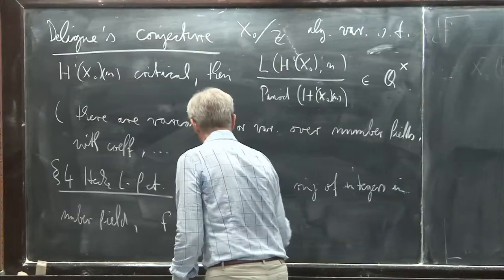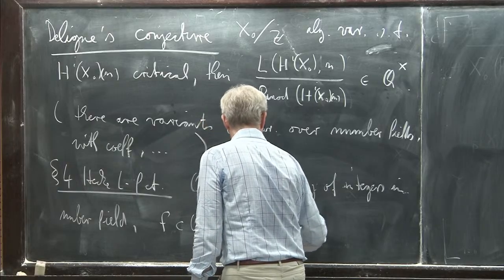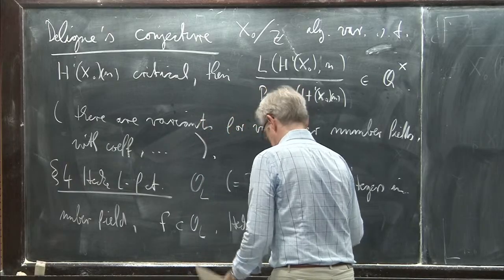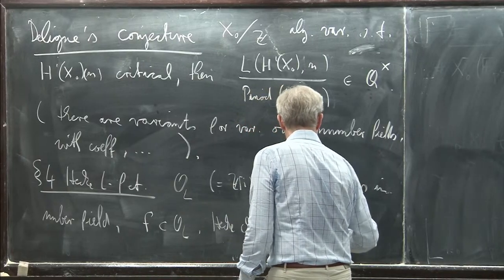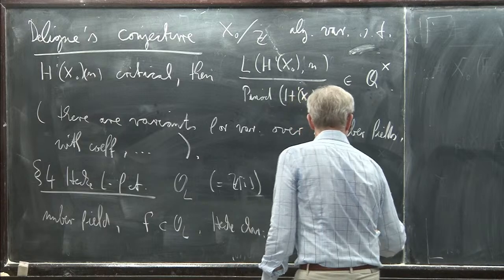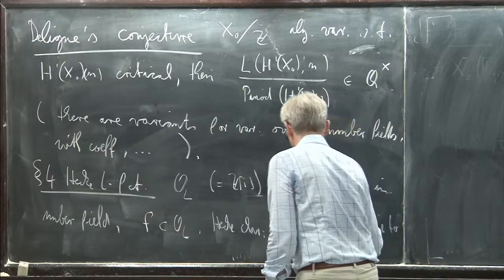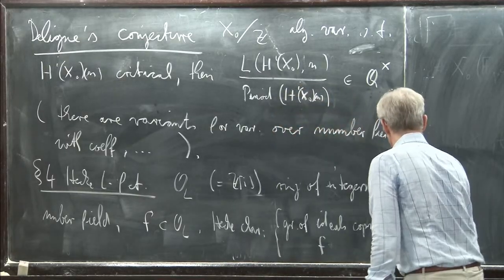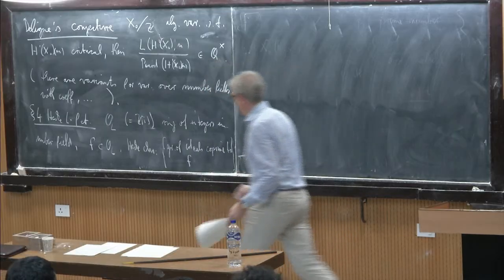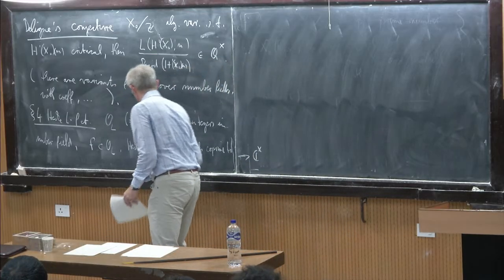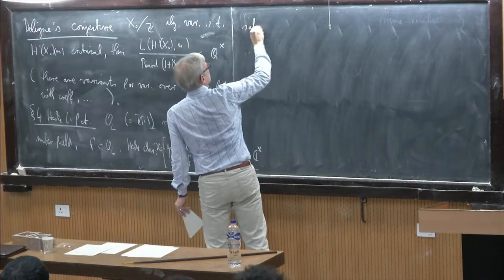And a Hecke character is then a character from the group of ideals coprime to f to C star, as we had before. Let's give it a name, chi again. And this has to satisfy some technical conditions.